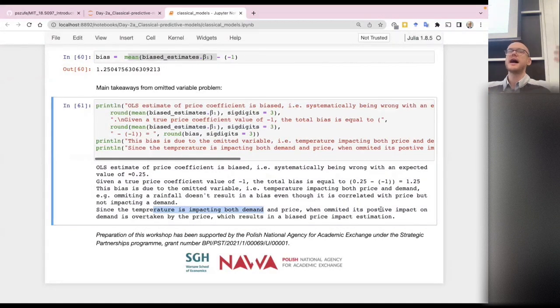So price now carries the information of temperature, with which it is correlated, and we know that temperature has a positive impact on demand, not negative as price itself. So it's like stepping into the shoes of temperature and saying, hey, I'm like temperature and I'm impacting demand positively. This is the consequence of the omitted variable, and it might result in quite the opposite direction of impact.